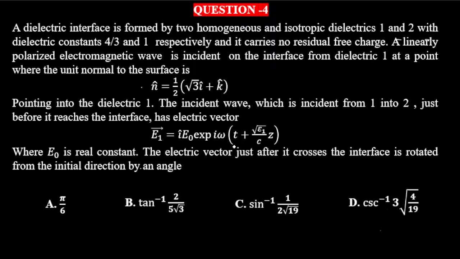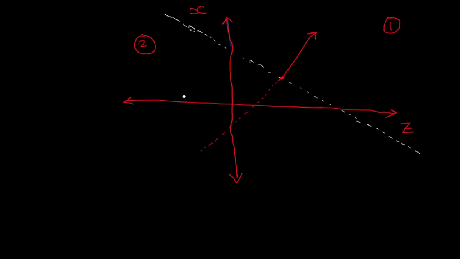Look at this expression of the electric field, and mainly if you take a look at the phase part, from there we can find out the direction of propagation. Here you can see that the coefficient of t and the coefficient of z are both positive. So in this case the electromagnetic wave will propagate in the negative z direction, and it's a linearly polarized wave, so its electric field is oscillating parallel to the x-axis.